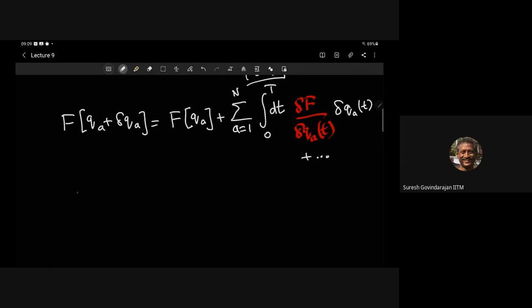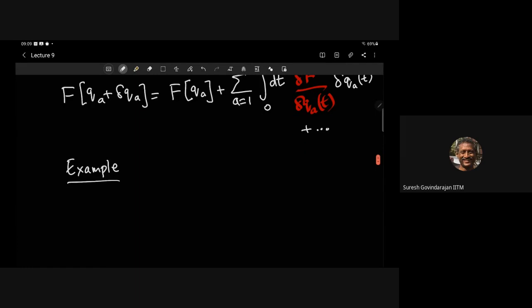Okay. So I'll just do one example. So let us say that f, for example, suppose we have this functional I of t naught, qa, to be say q3 evaluated at time t naught.